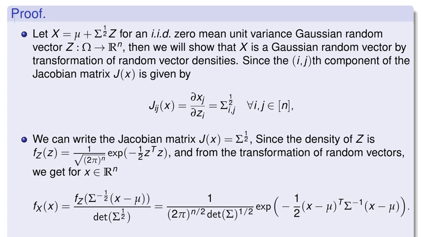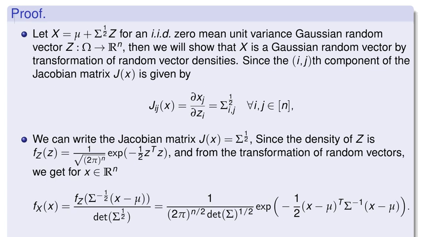Substituting z equals Sigma to the minus 1/2 times (x minus mu) and multiplying by the absolute determinant, which is the determinant of Sigma to the minus 1/2, we get f_x of x equals (2 pi) to the minus n over 2 times the exponential of minus 1/2 times the quantity, Sigma to the minus 1/2 times (x minus mu) transposed times Sigma to the minus 1/2 times (x minus mu), all multiplied by the determinant of Sigma to the minus 1/2.